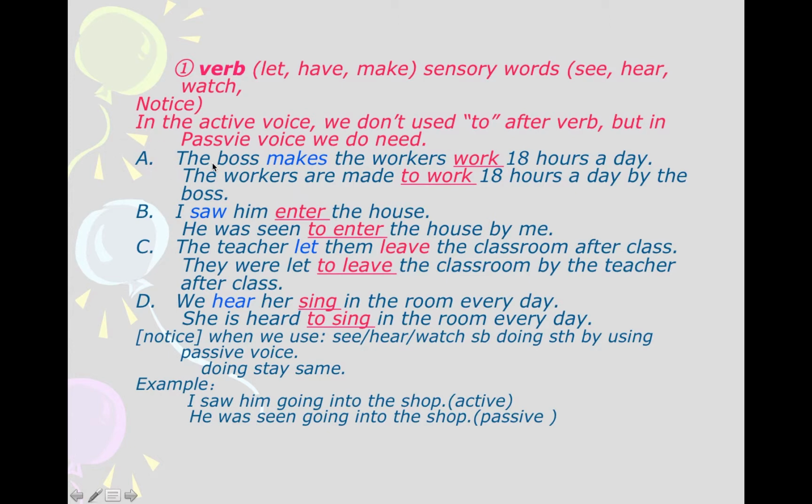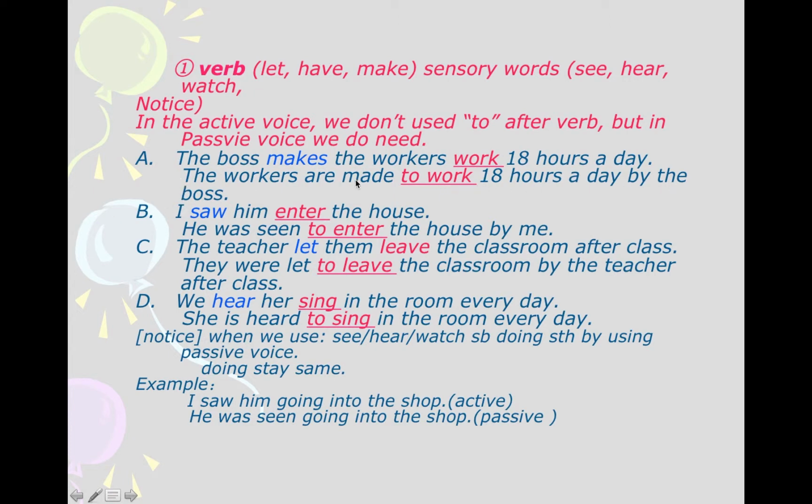Here's the example. The boss makes the workers work 18 hours a day. This sentence is active voice, but when the sentence goes to passive voice, let's read: The workers are made to work 18 hours a day by the boss.